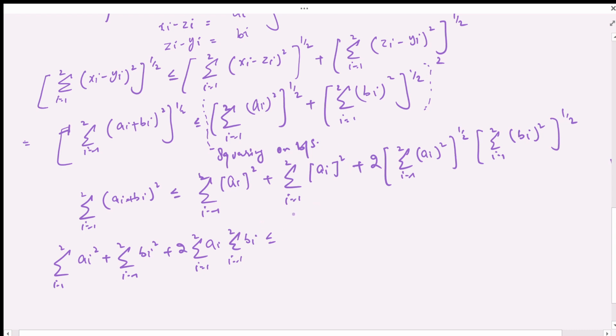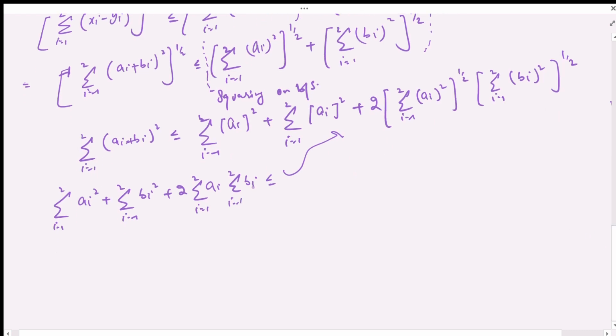Let me make it a little bit simple by just assuming that this thing is actually equal to this. Okay, so this is less or equal to this whole thing.